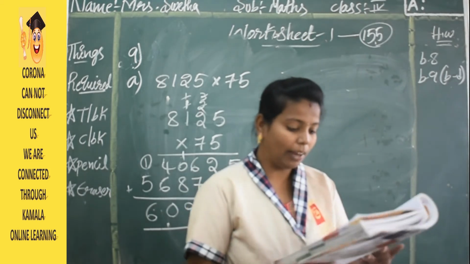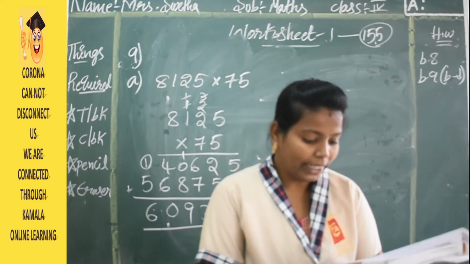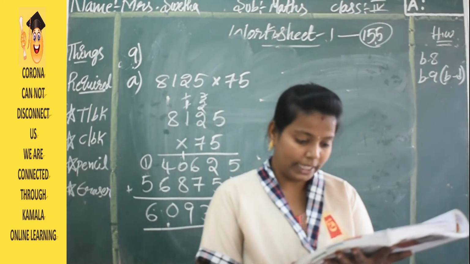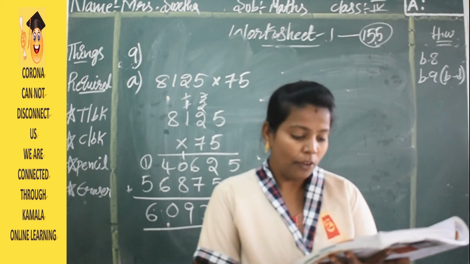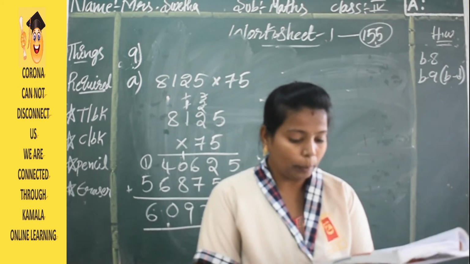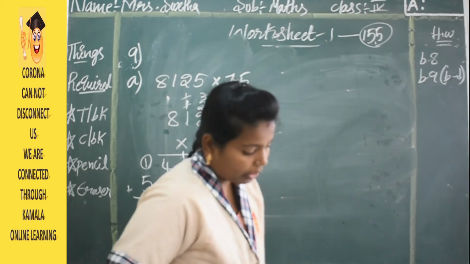See, in the 10th bit you have 2 word problems. We'll see what they are. A book is made up of 956 pages. How many total pages are used to make 56 copies of the same book? Here they are talking about books.